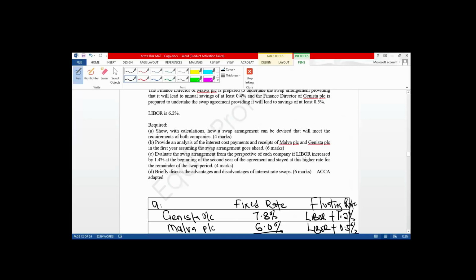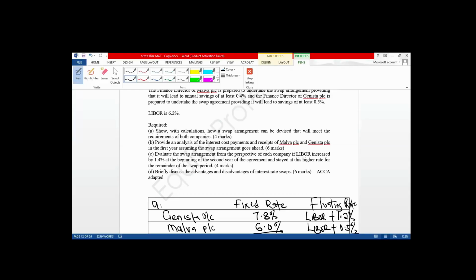Now look at requirement B. Provide an analysis of the interest cost payments and receipts of MAVA PSC and Genista PSC in the first year, assuming the swap arrangement goes ahead.